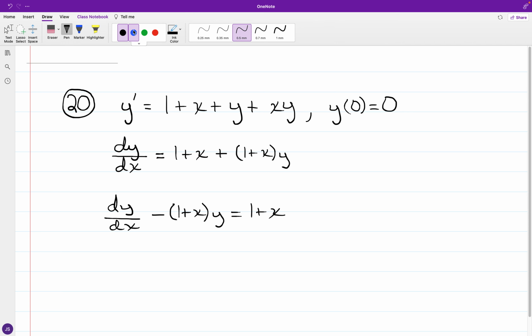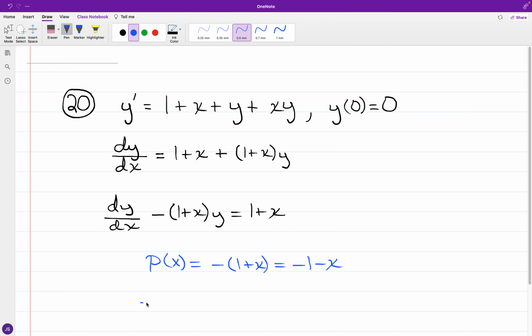Now, for p of x, that is going to be the negative of the quantity of 1 plus x, and we can just write this as negative 1 minus x.